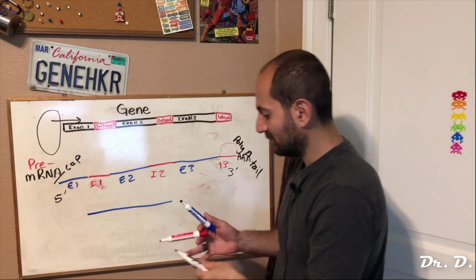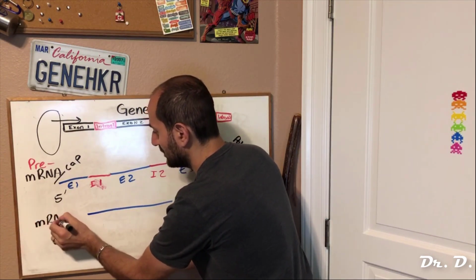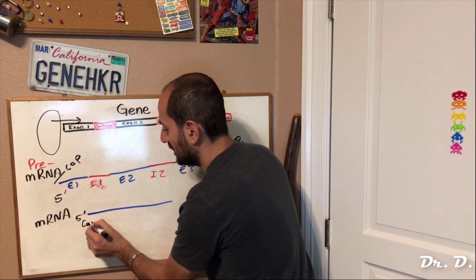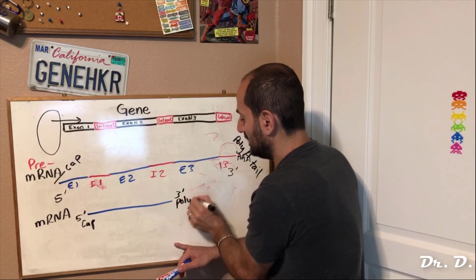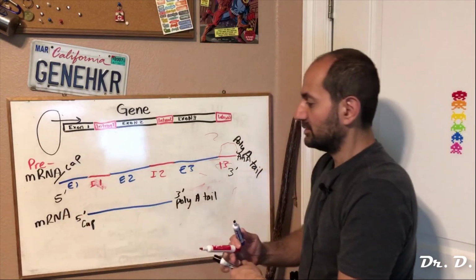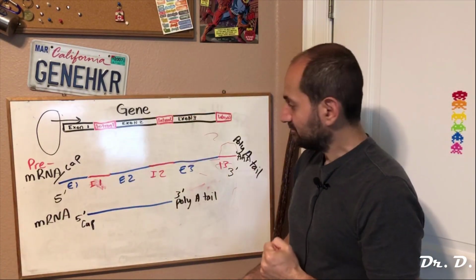This short mRNA is called mature mRNA. Here's the 5' with a cap. Here is the 3' with a poly A tail. And it's a much shorter mature mRNA because we've cut the intron information out.